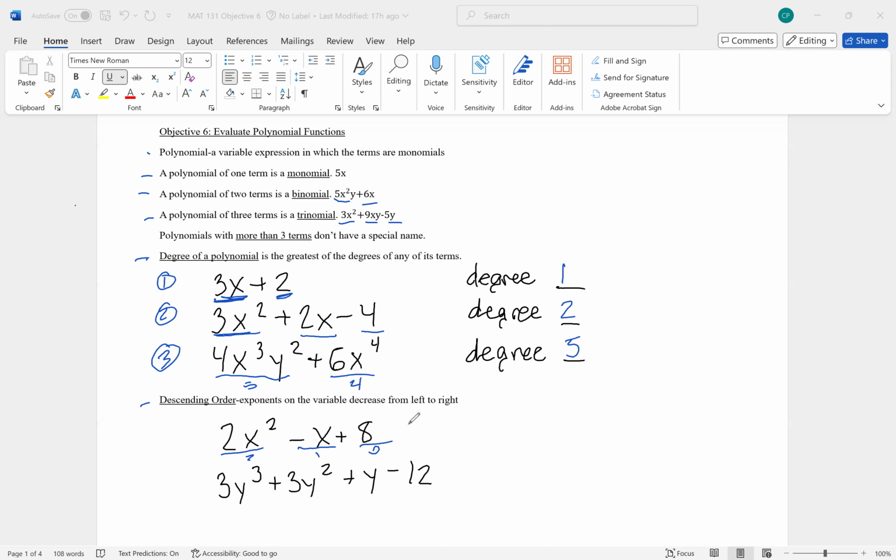So they decrease from left to right. If we look at this one, the degrees are 3, 2, 1, and 0. So this is the standard of how we want to write our polynomials, okay? We want them in descending order, meaning that the exponents on the variables will decrease from left to right.